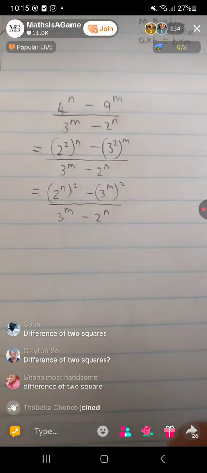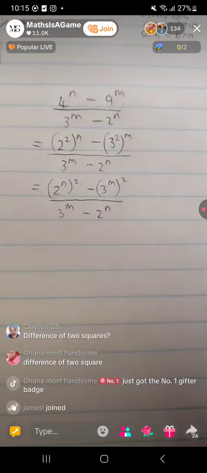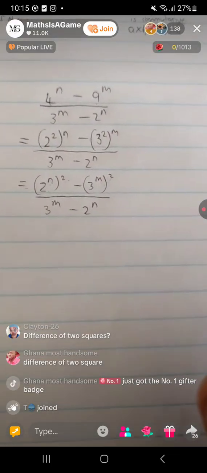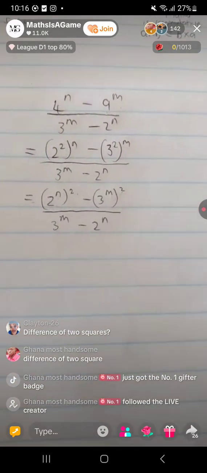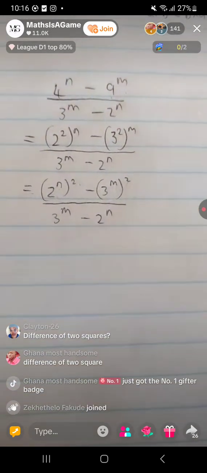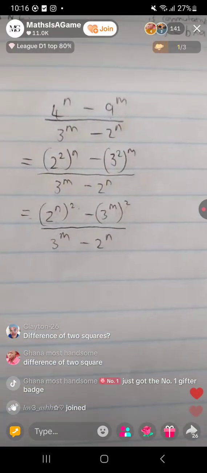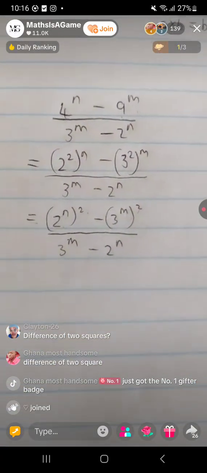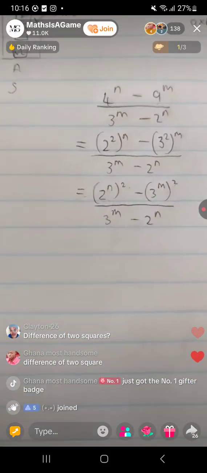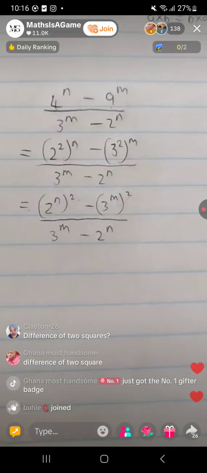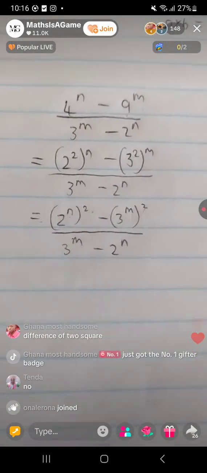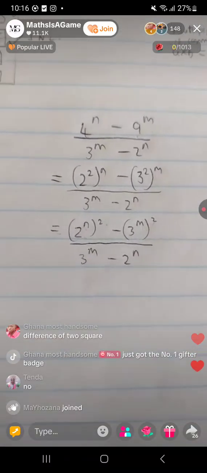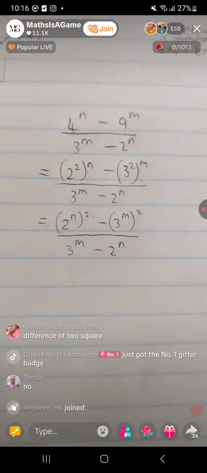Secondly, you need to ask yourself, should I apply the sign change rule? Is it necessary to apply the sign change rule?